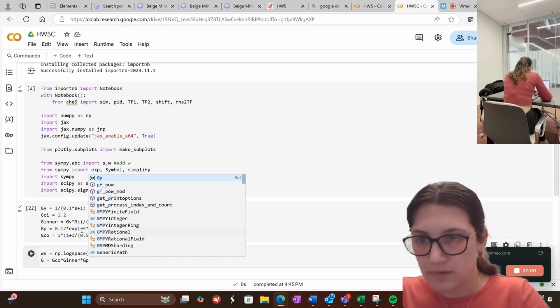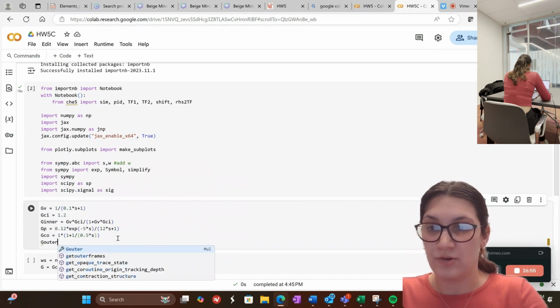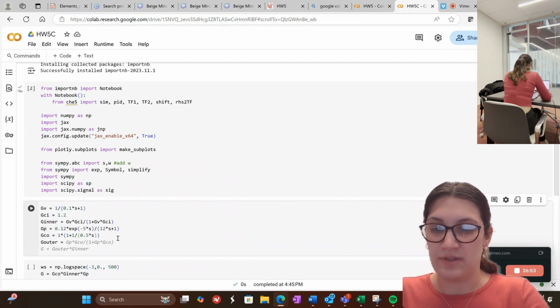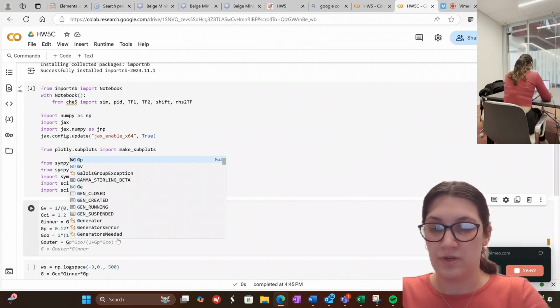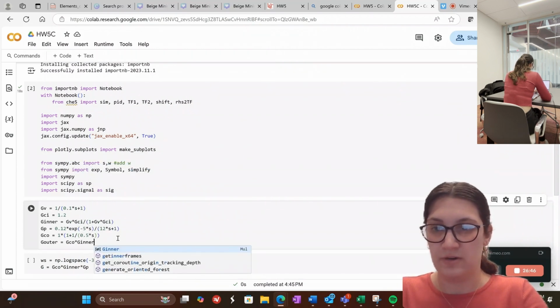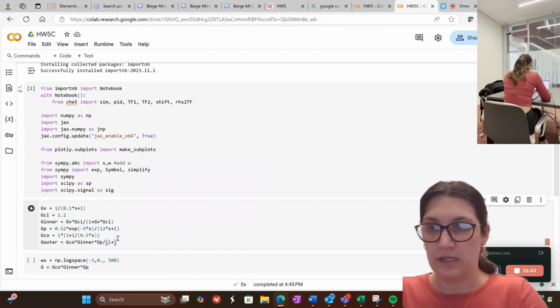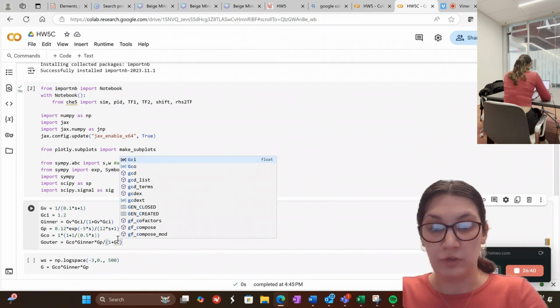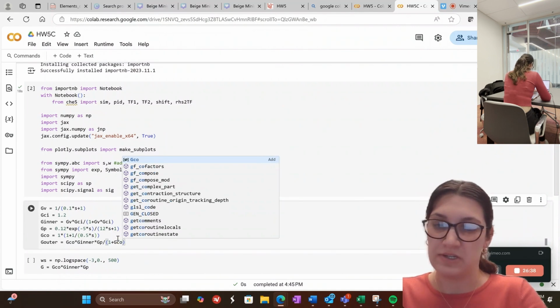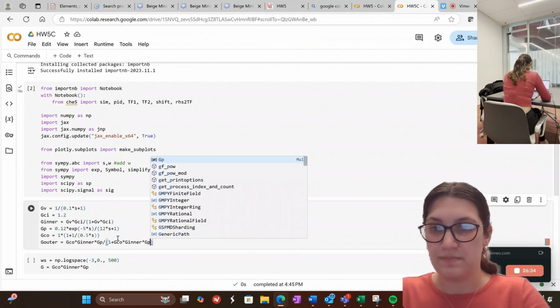I did realize we forgot something. We need to do G outer up here. This is everything across the front, so GCO times G inner times GP divided by 1 plus everything in the loop, so just the same thing in this case, GCO times G inner times GP.